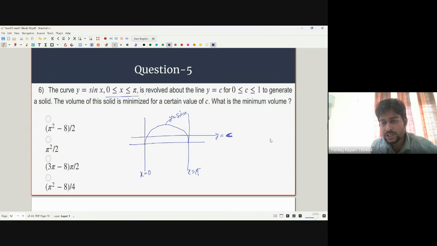C varies between 1 and 0. So the line can be the x-axis, or the line can be the line which just touches the curve, that is y equal to 1 here. This line can be anything, and according to this line, you have this region, the region bounded like this.